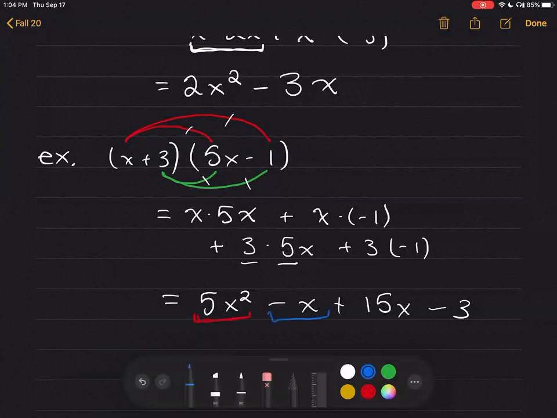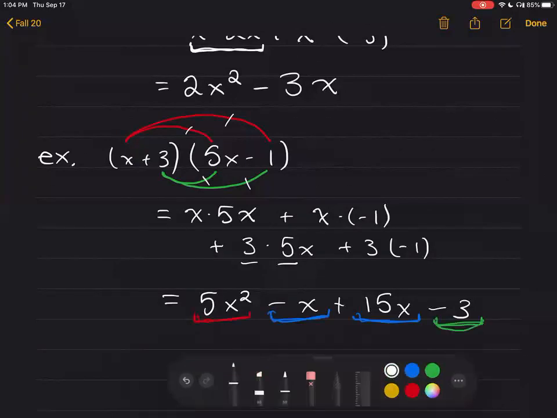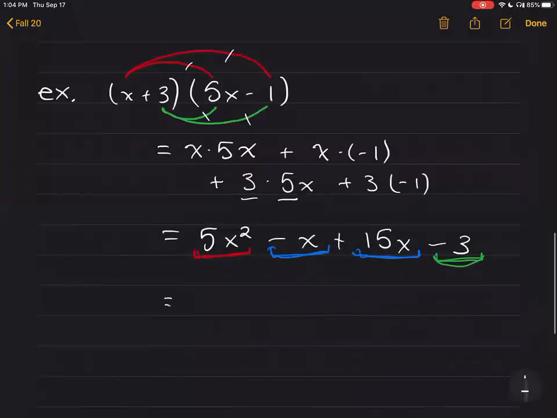There are two x terms and only one constant term. So the red one stays the same, 5x squared. The blue ones combine. So this is negative 1, secretly a 1 here. Negative 1x plus 15x is then plus 14x, and then minus 3 stays the same.